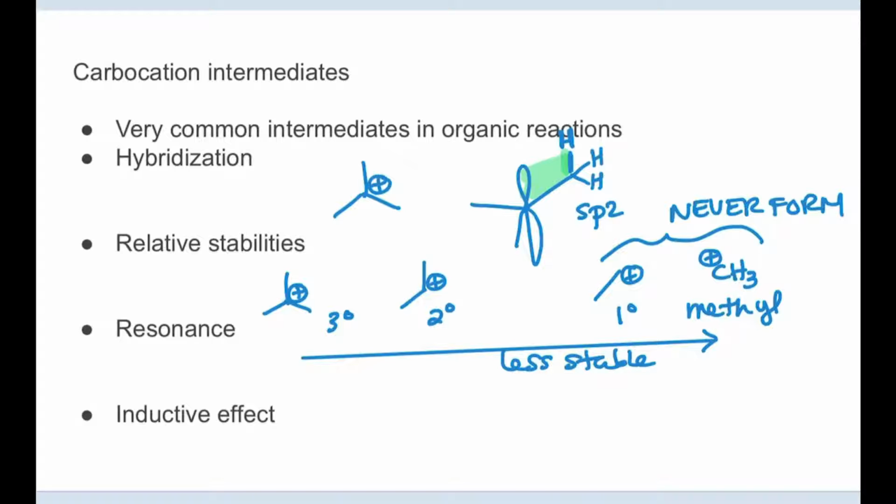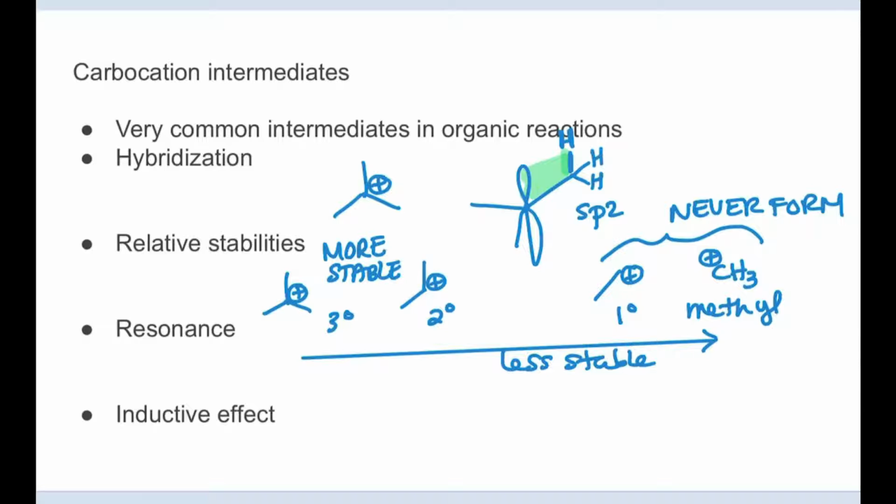For that reason, having more R groups, or more carbon-carbon and carbon-hydrogen bonds adjacent to the carbocation carbon, is going to make it more stable. Okay, so that is why more R groups on the carbocation makes it more stable.